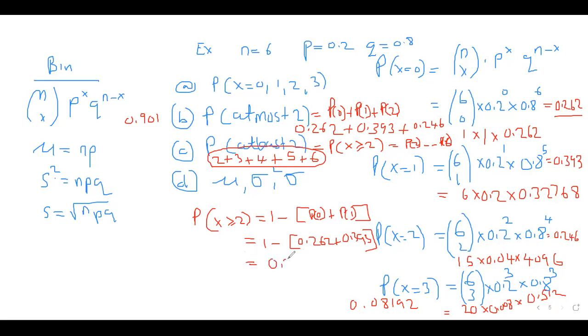This is the probability of at least what? 2. Suppose they said at least 3. We're talking about 3, 4, 5, 6. But which ones are not listed? 0, 1, and 2. So we would have subtracted probability of 0, 1, and 2 from 1. So you need to know when to subtract. Just on that one, suppose your n was 10.